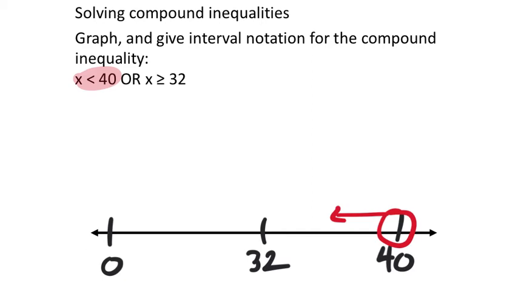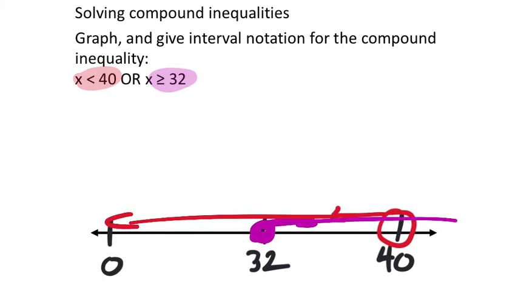The next one, x is greater than or equal to 32. So there's my 32. I put that on the line. It's a closed circle there, and this one goes to the right. See here? Let's extend these lines. Okay, let's see what this looks like. The red one goes as far to the left as possible. The purple one goes as far to the right as possible. This is an or statement, which is important to know, because how far to the left does this go?